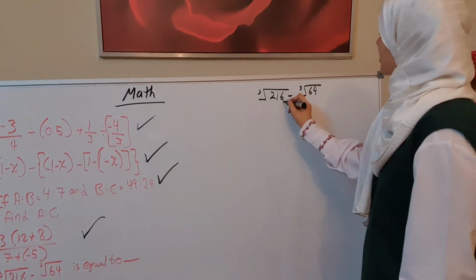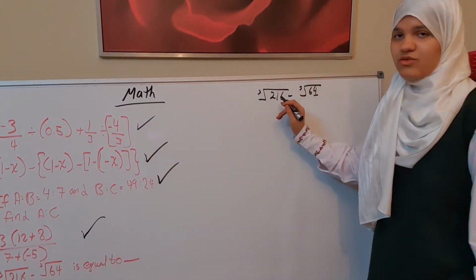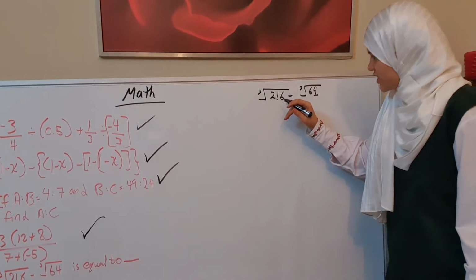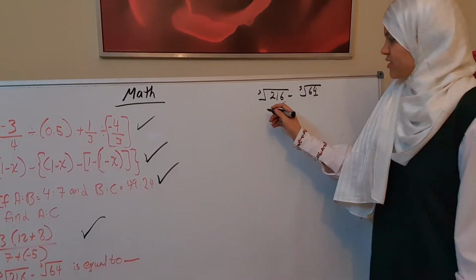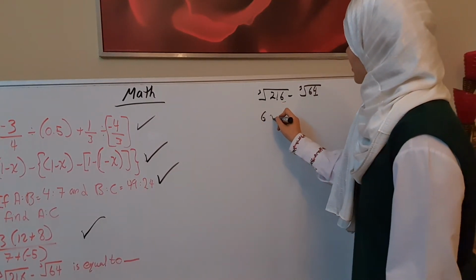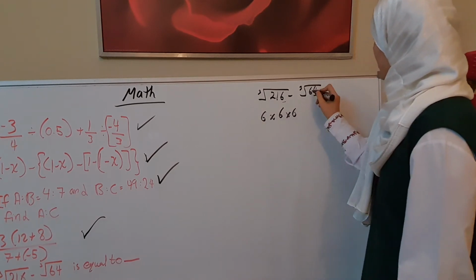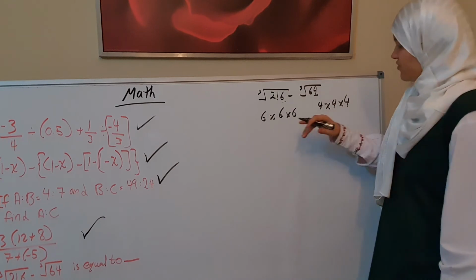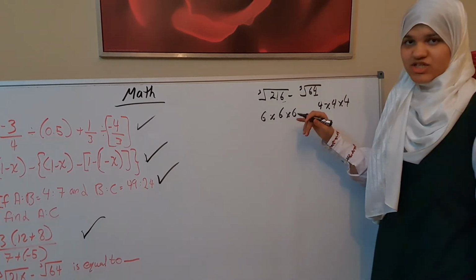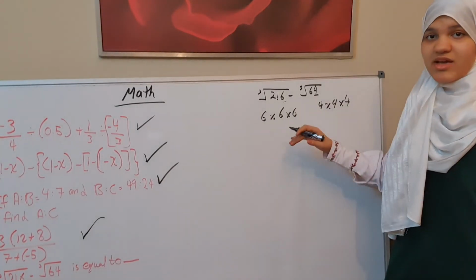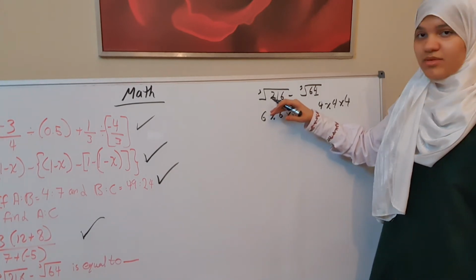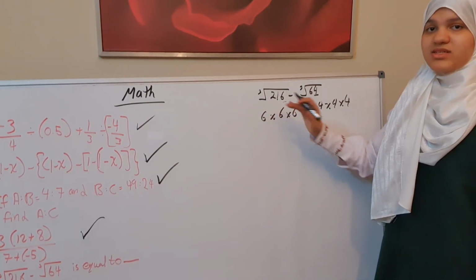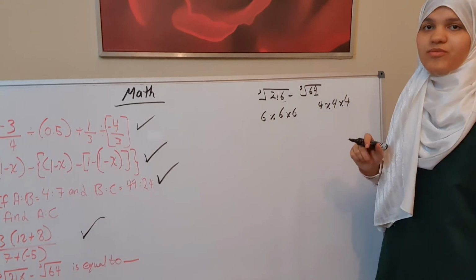That means we will take the last number from these numbers. Like we will take the last number from 6. That means we make 6 times 6 times 6 and 4 times 4 times 4. If after multiplication they're the same as these numbers, the answer will be 6 and the answer here will be 4.